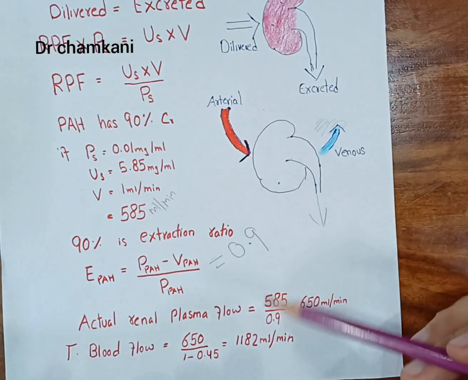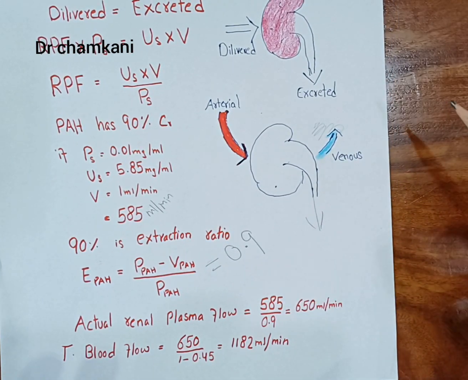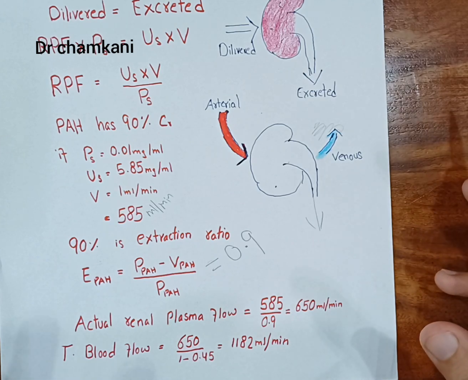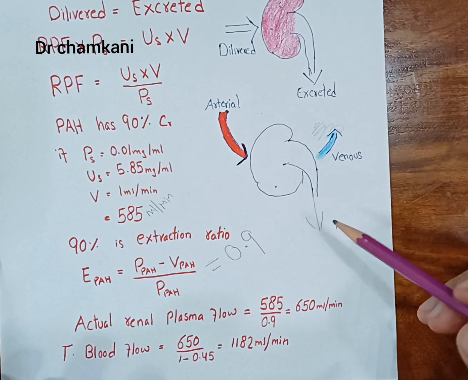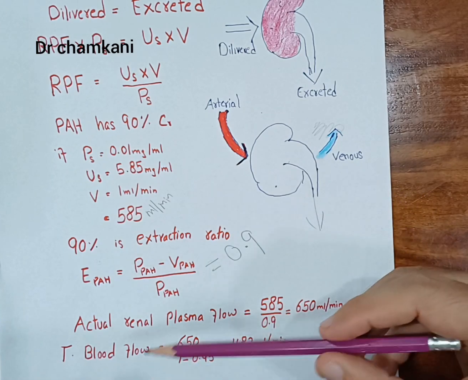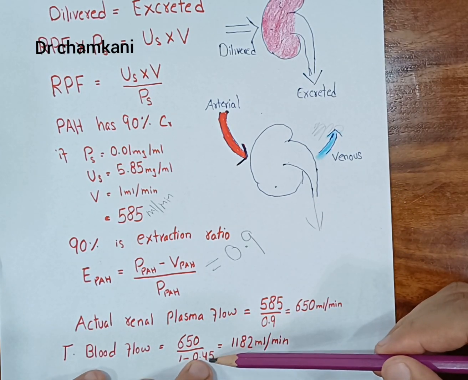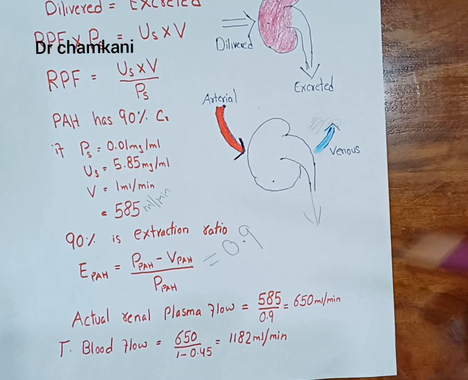If we want to calculate the total blood flow, because the blood also contains some cells, the plasma is the component which does not contain the red blood cells, for example. So to calculate the total blood flow, we take into account this equation. This 0.45 is the hematocrit, the amount of cells.